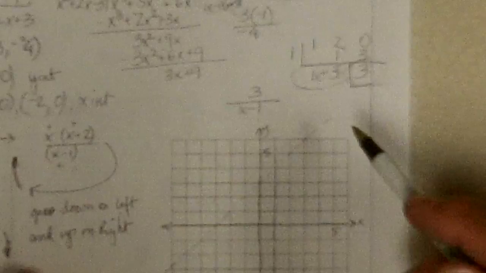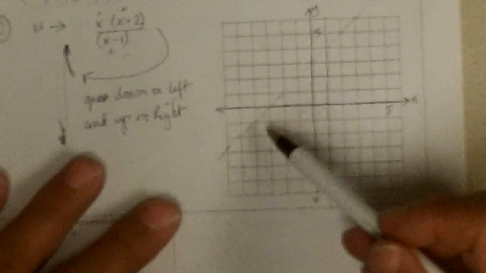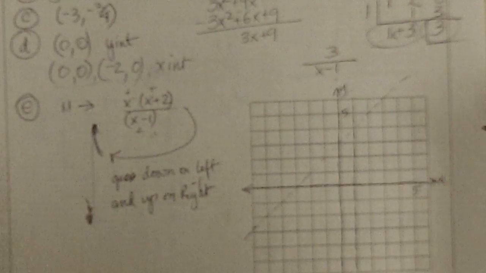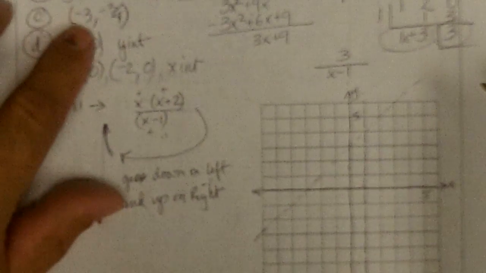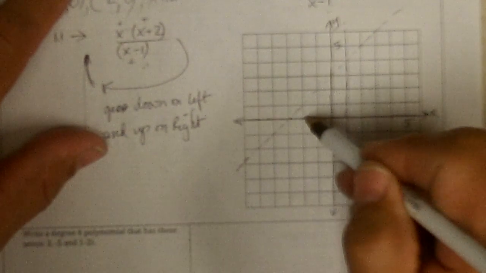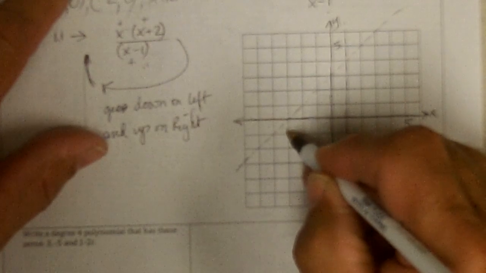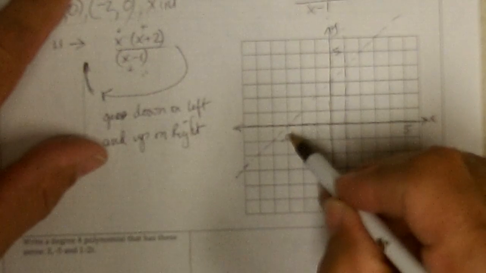So when x gets really large, it has to get close to this line. When it gets really small on the negative side, it has to get close to this line. We know C, that it goes through -3, -3/4, which is right there. It wants to go to it, but there's a hole right there. So it connects to it, but there's a hole.